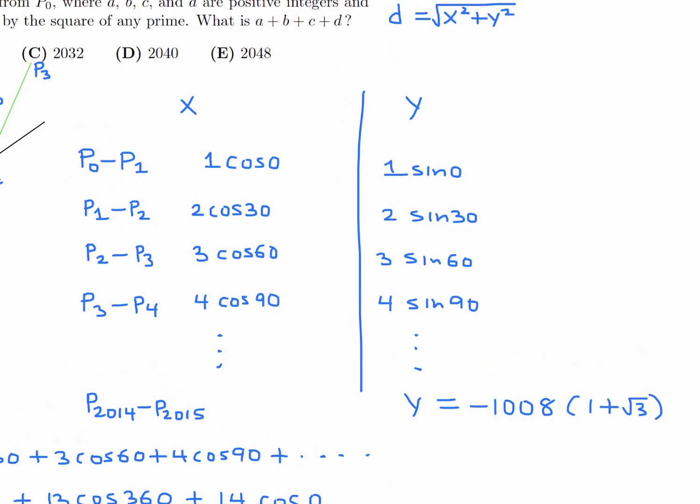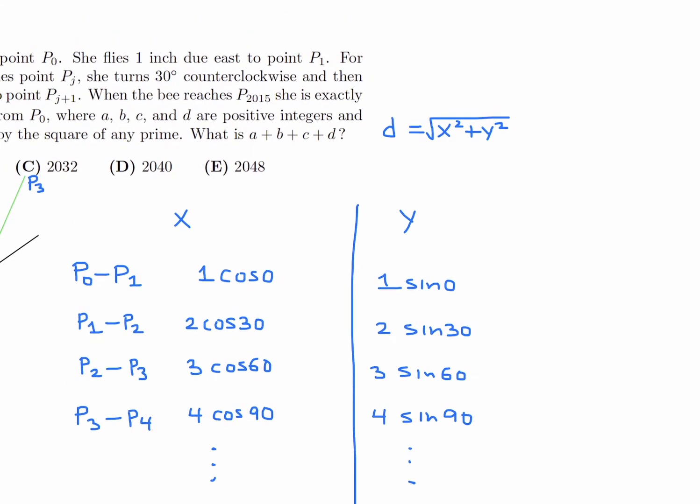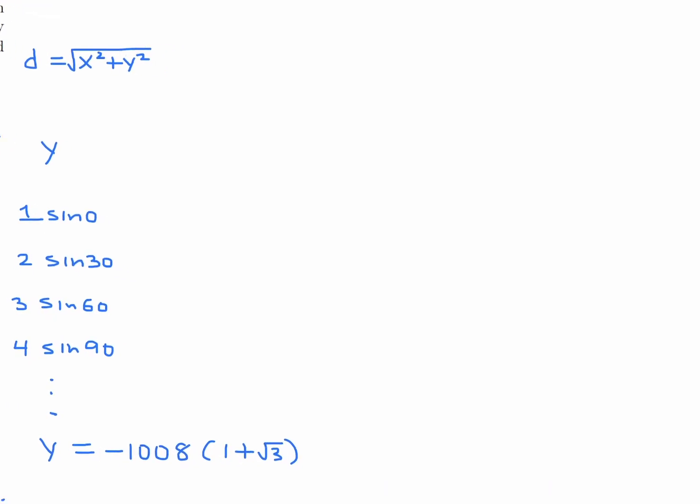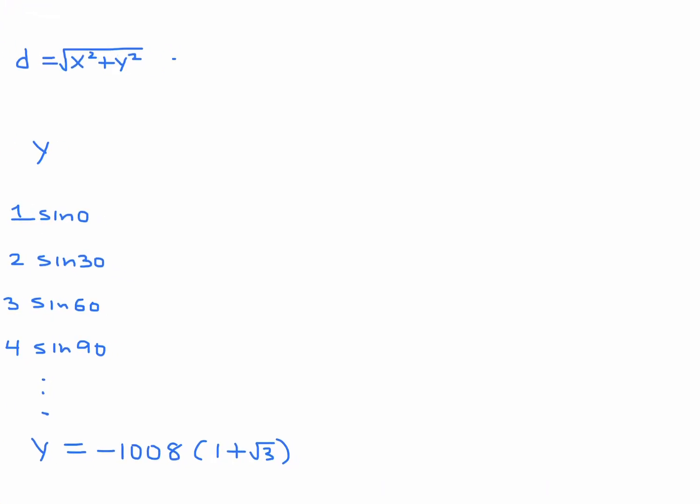All right, so now we have to use this formula right here. This d is equal to the square root of x squared plus y squared, right? So we had our x value as minus 1008, 1 plus root 3 after all that hard work. Y you get it by doing the exact same process, so I'll let you do that.